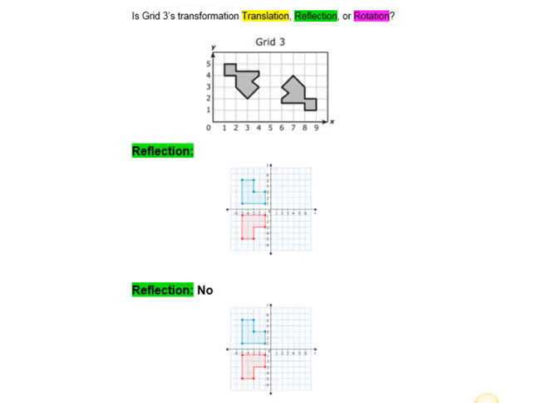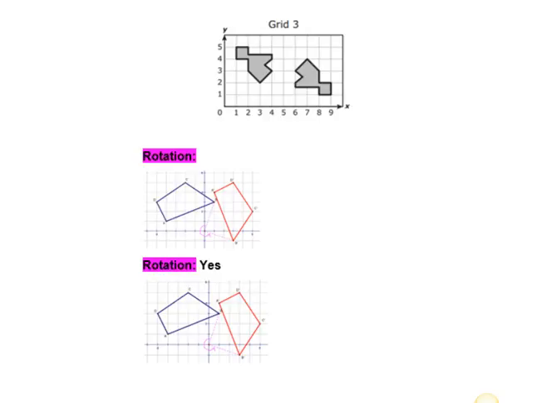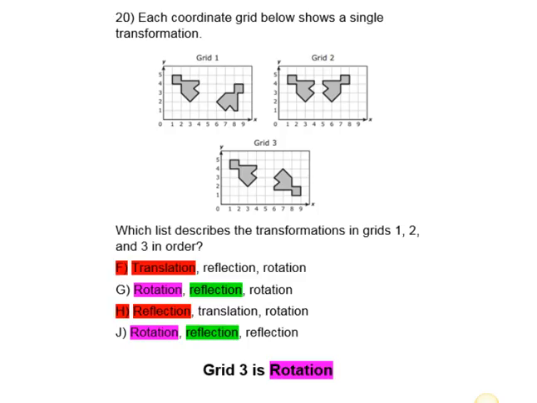Looking at grid 3, is it reflection? No, we know it's not reflection. What about rotation? Yes, it is rotation. Looking at our answer choices, we know that grid 3 is rotation. Are there any answer choices we can cross out?